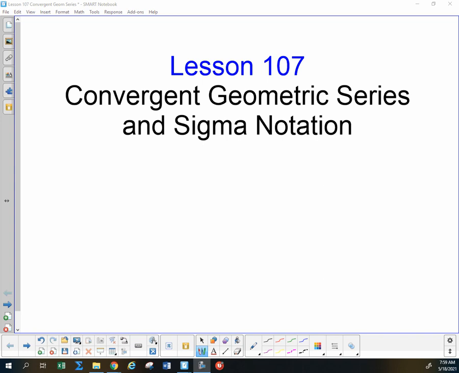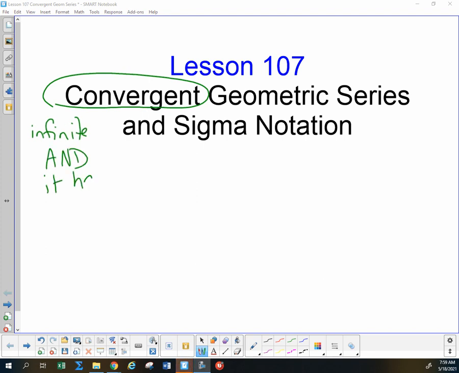So last lesson of the year, 107, Convergent Geometric Series, and some more with sigma notation. And just to blow you away a little bit, although I think I kind of hinted at this the other day, convergent just means that it can be infinite and it has a sum.